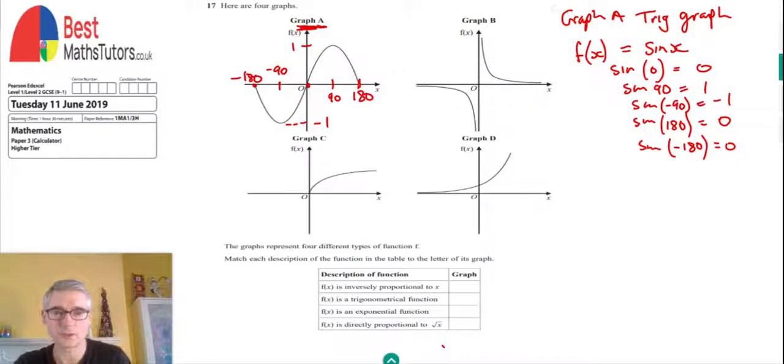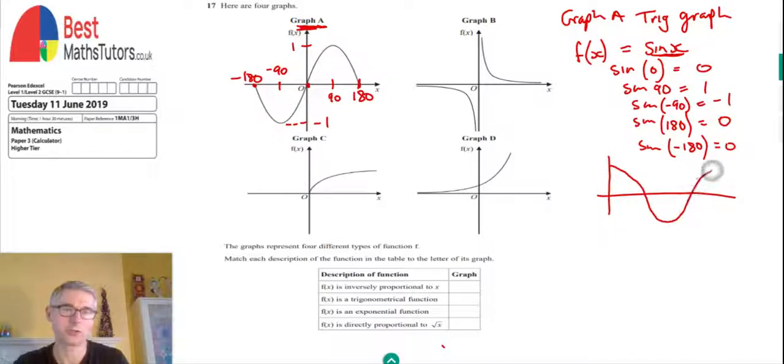So let's have a look on our table. We can see f of x is a trigonometric function. Well, it is because it's a sine function. And the best thing I would recommend for this is just remembering your trigonometric functions. A similar one to that is a cos function, and that actually looks like this.